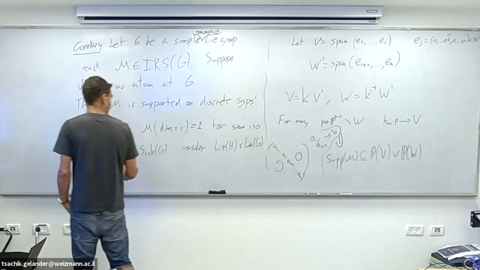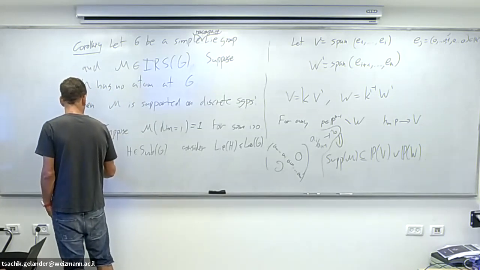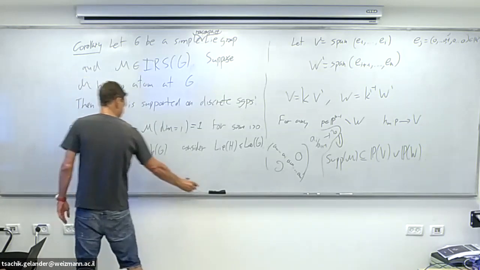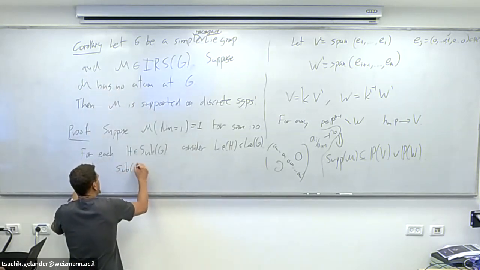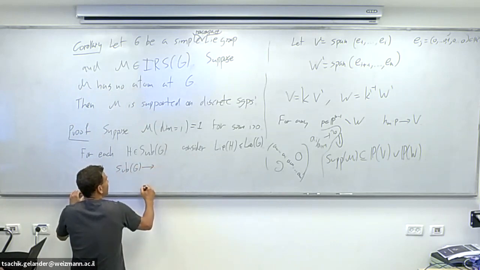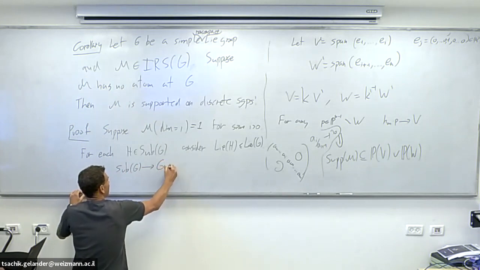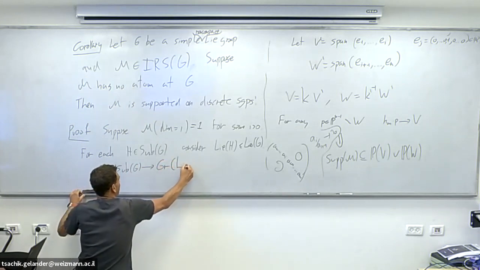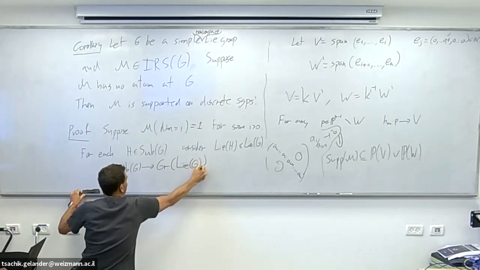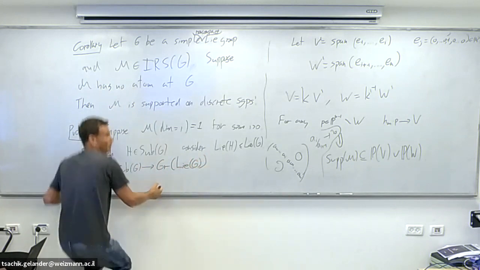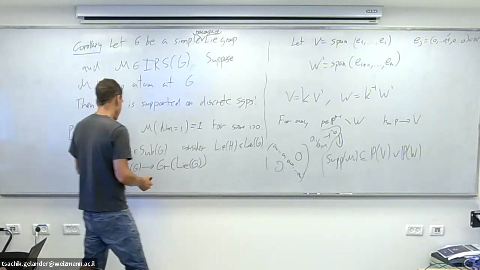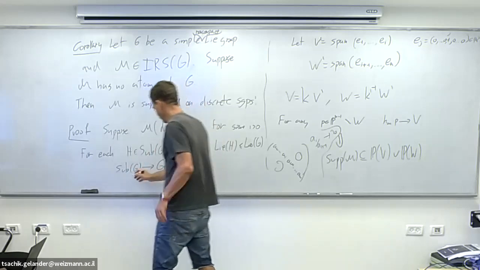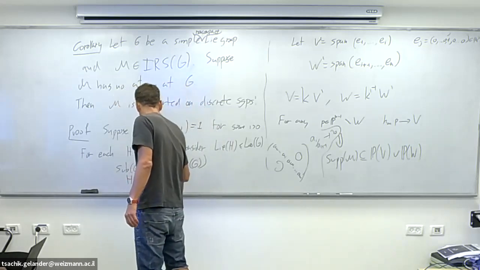So pushing forward, you have the map from Sub(G) to the Grassmannian, which is, if you want, the Grassmannian of all subspaces of all dimensions. So you push every H to its Lie algebra.